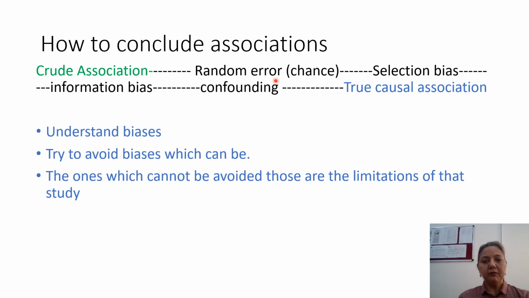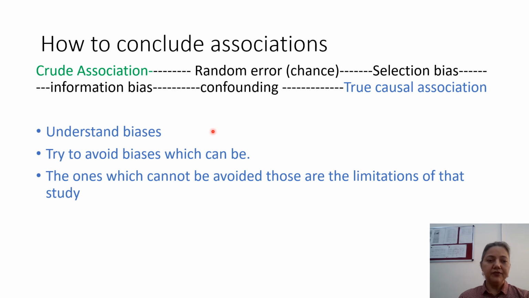We should keep in mind the random error. We should try to rectify it as far as possible. Then the other biases, which we already discussed: selection bias, information bias and confounding. So looking into all these factors and trying to eliminate them, we can reach the true causal association between the exposure and the outcome.